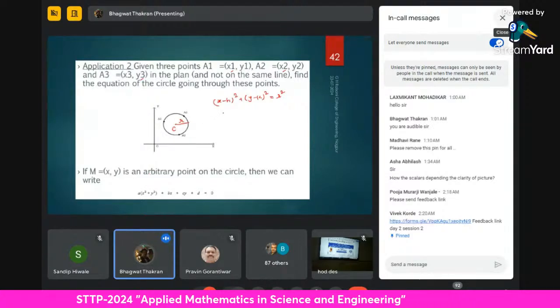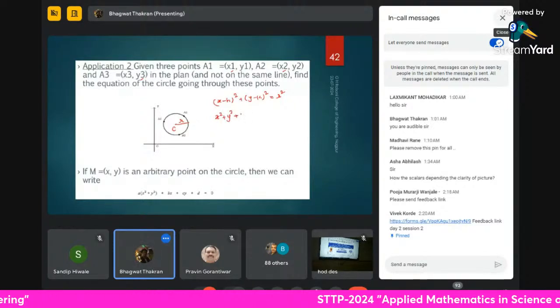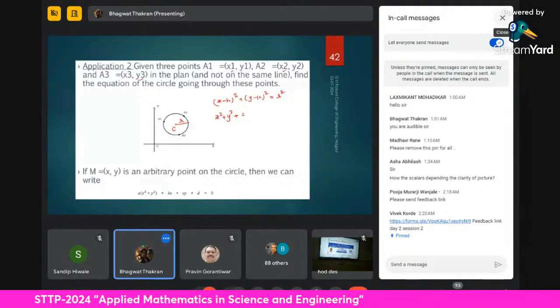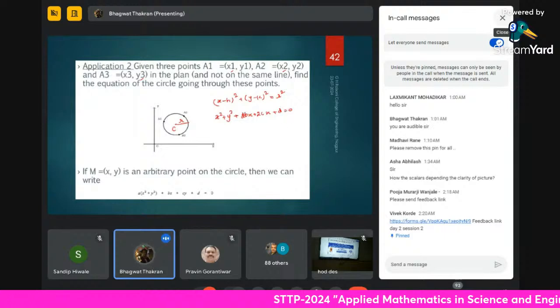But as soon as we convert it into the standard equation of the circle, what we know is that x square plus y square plus twice of bx plus twice of cy plus some d equals 0. Now I have taken this 2 already.